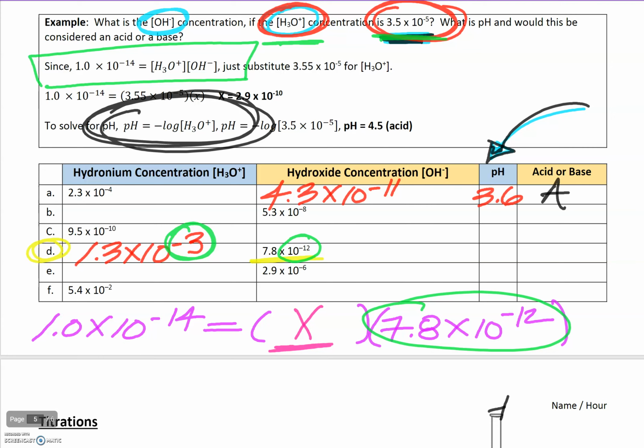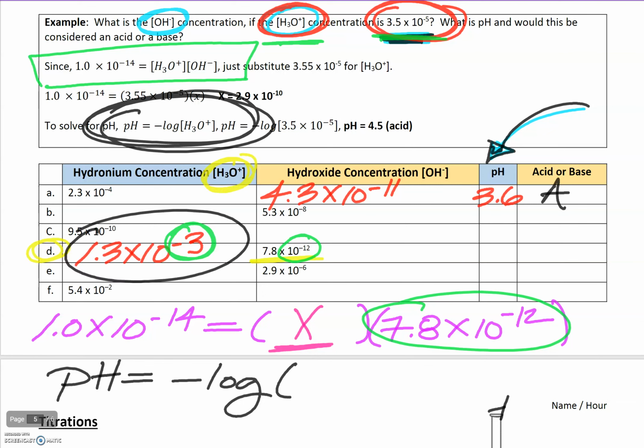Now, we want to find our pH, so we're going to quickly set up that formula. So that's going to be pH equals negative log of, remember I said you can only get pH from this value, so I have to use the number over here, and that's going to be 1.3 times 10 to the negative third.